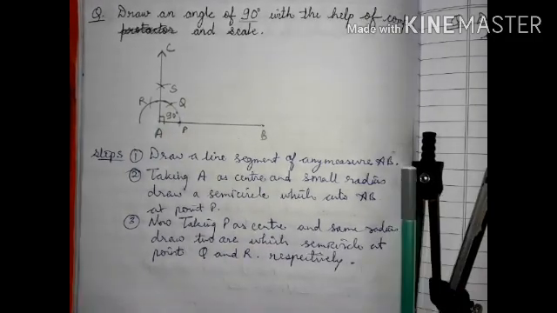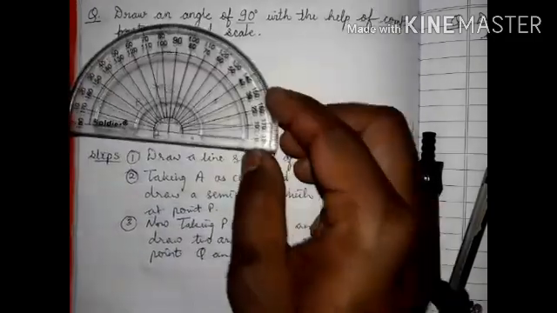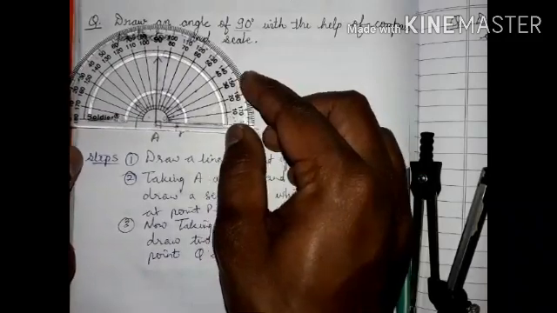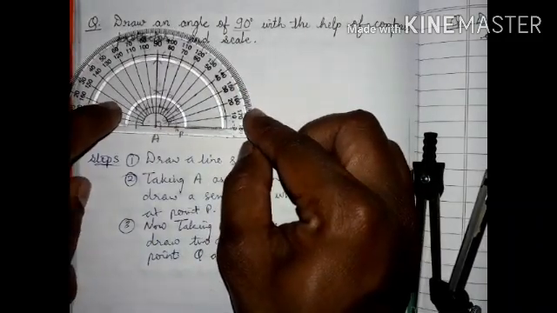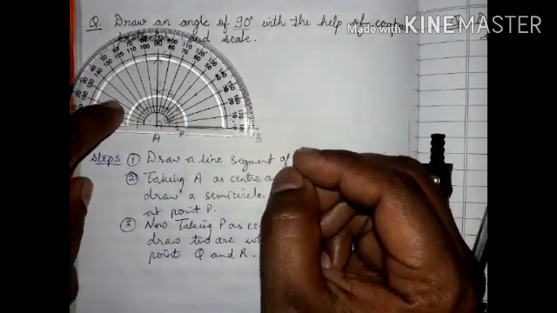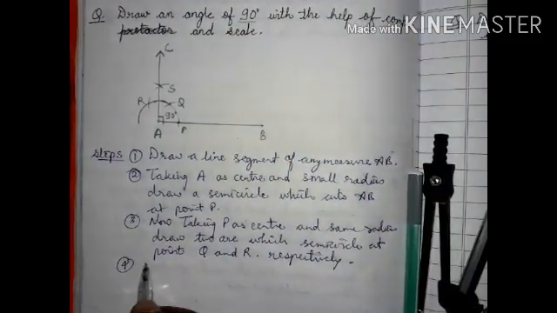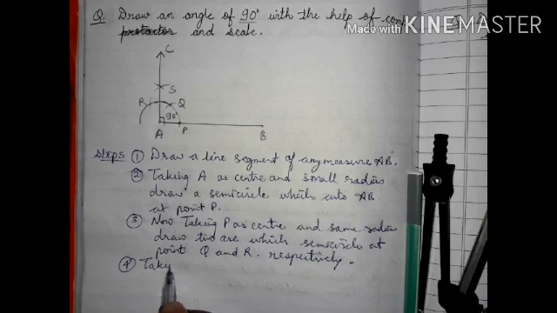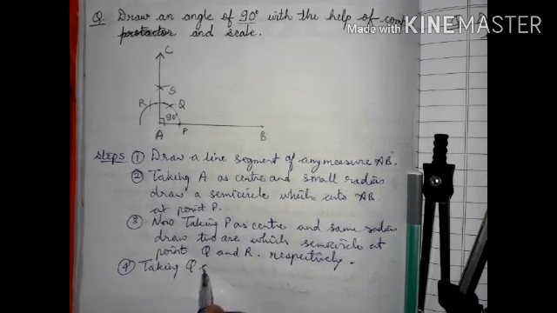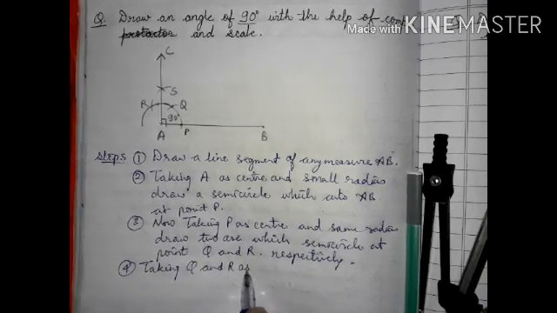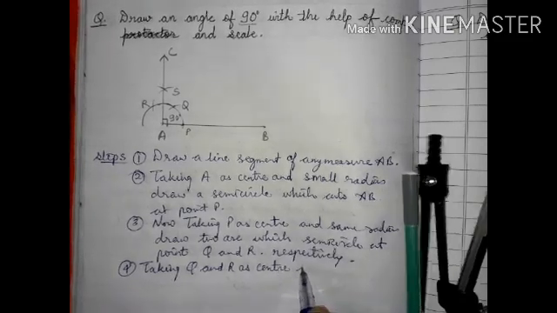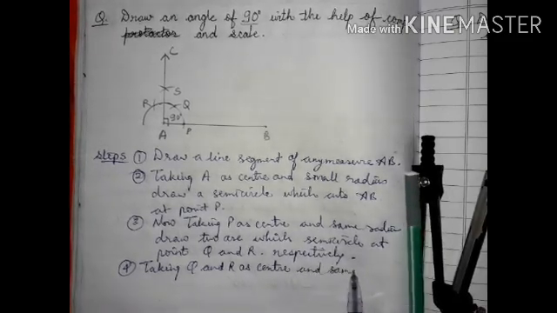Now we have to check with our protractor whether our 90 degrees is made correctly or not. Now see here, this is 90 degrees. Right, step here. Taking Q and R as center and the same radius.